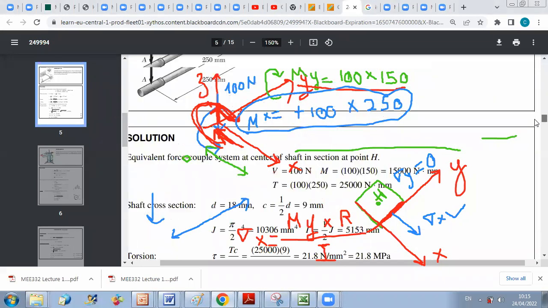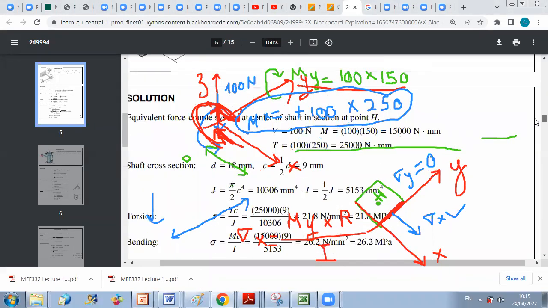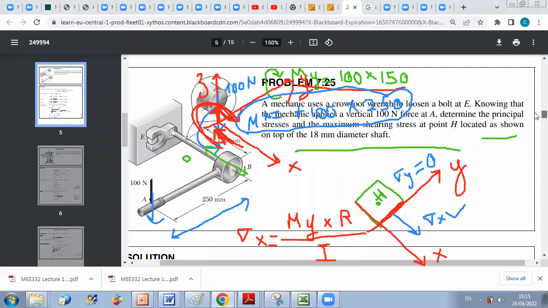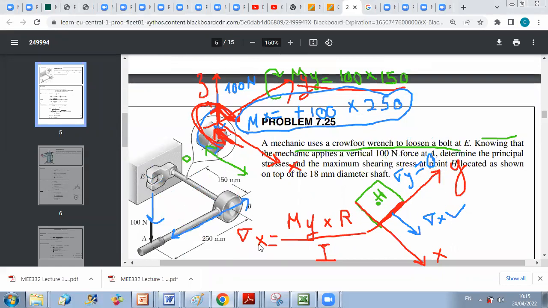So we know from previous chapters that shear stress resulting from torsion is Tc over J, where J is the polar moment of inertia. So shear stress is not only created by shear forces, but also by torsional moments. Since here we have a torsional moment, this will lead to the creation of a shear stress distribution.